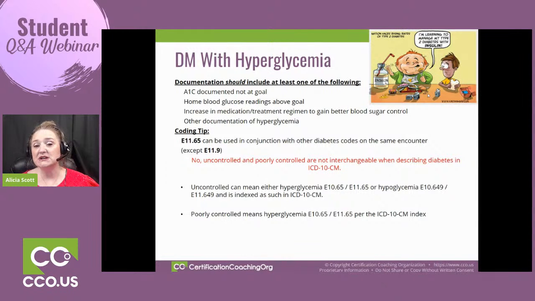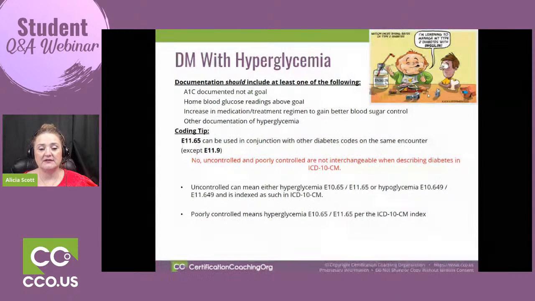The code that you're going to use for this, if a patient is having hyperglycemia, is E11.65, okay? And that is an other complication, is what the .65 means. But you're not going to use E11.9 with that code.